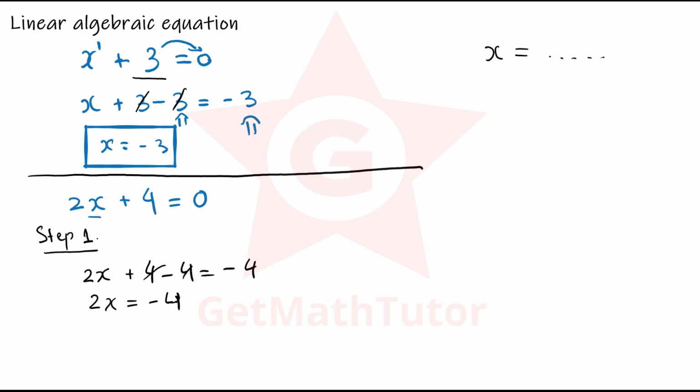then in step 2, what we have to do is whatever is being multiplied or divided with x, you just do the opposite of that on both sides of the equation. So here 2 is being multiplied, so as I said, we will do the opposite of it, which is division. So we will divide both sides by 2.